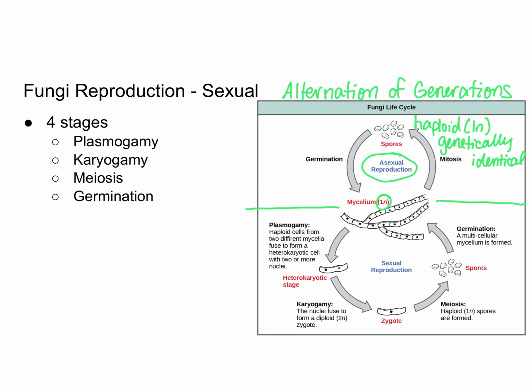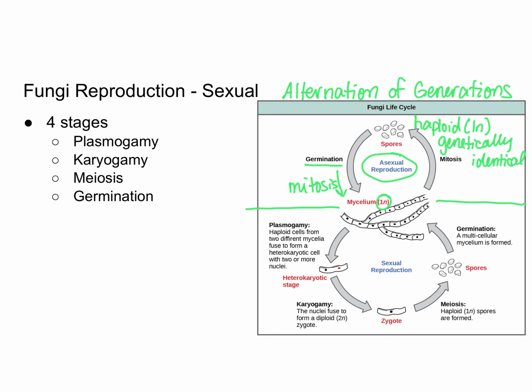If a spore lands in an area that is conducive to growth, it will germinate, which means that it's going to go through mitosis in order to form this multicellular mycelium, which is ultimately going to develop into a new fungal organism.